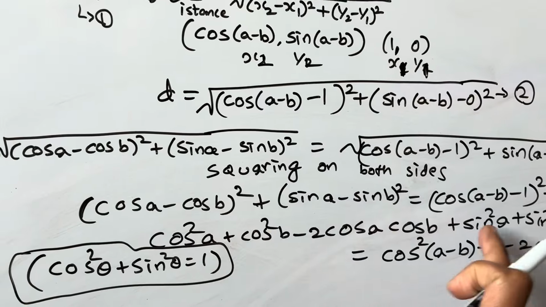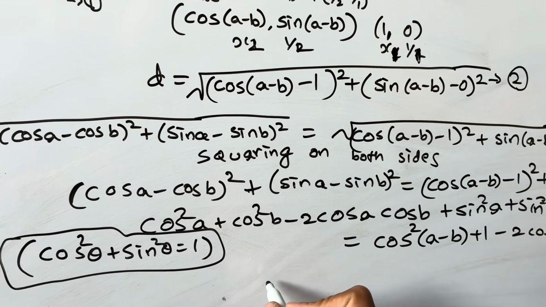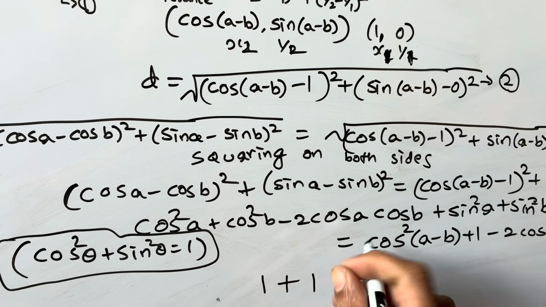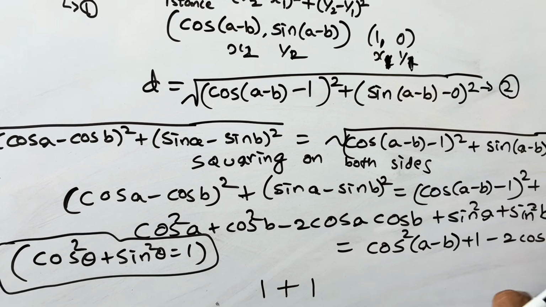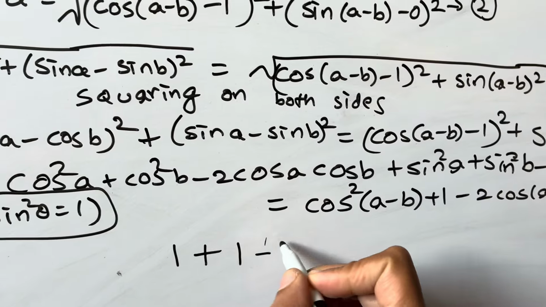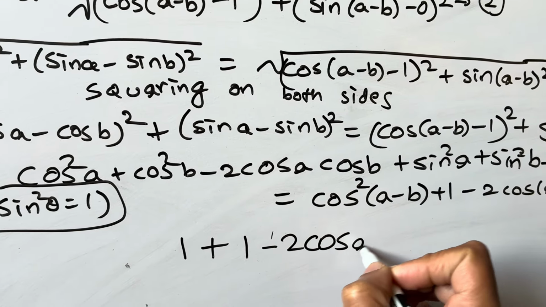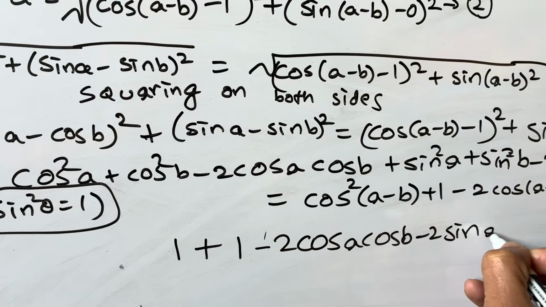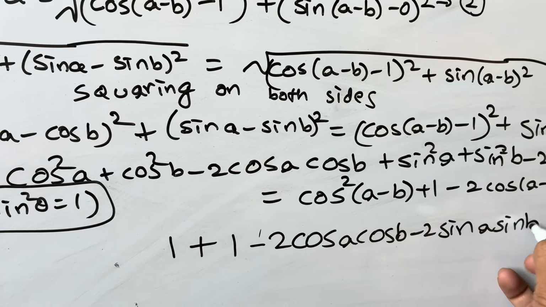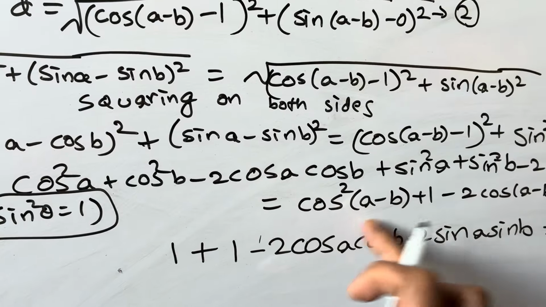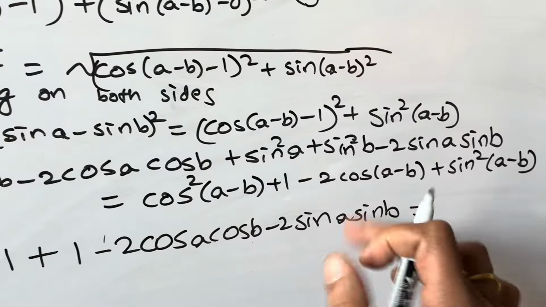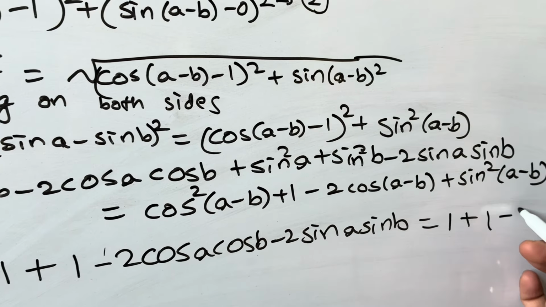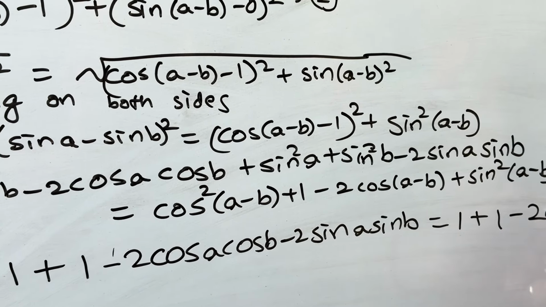So cos square A plus sin square A becomes 1, and cos square B plus sin square B becomes 1, and minus 2 cos A cos B minus 2 sin A sin B is equal to, here cos square of (A minus B) plus sin square of (A minus B) becomes 1, one more 1 here, and minus 2 times cos of (A minus B).